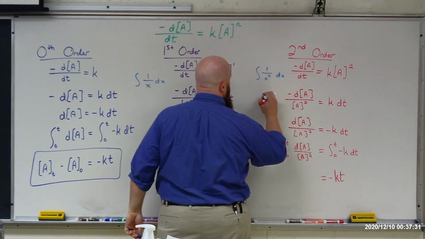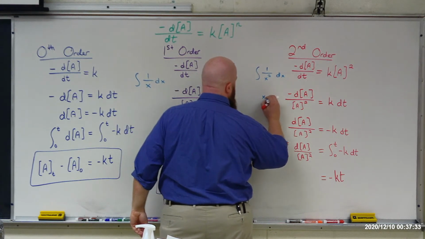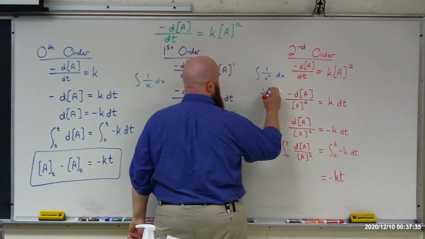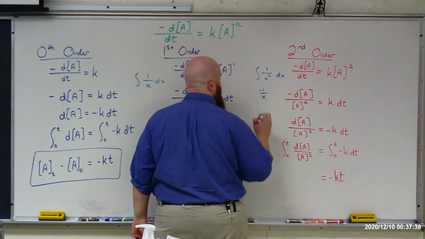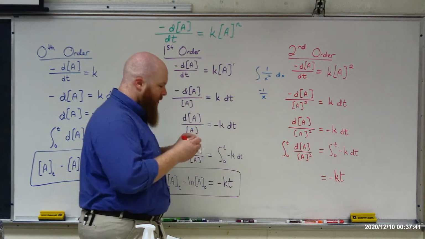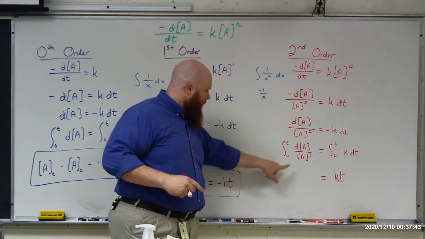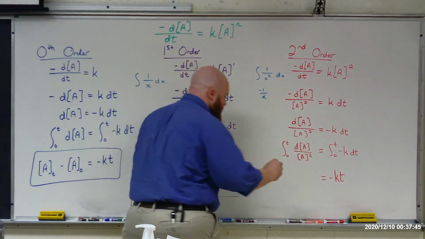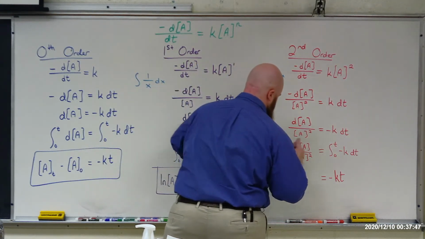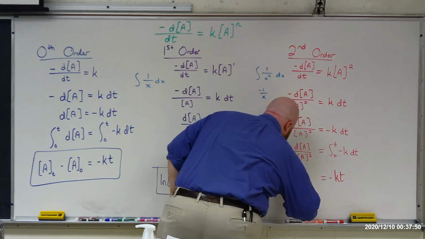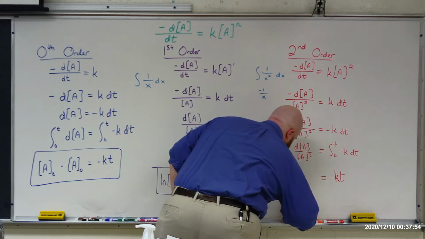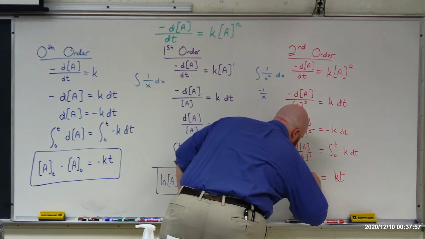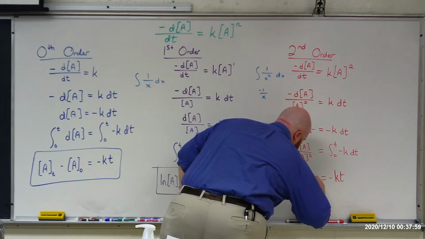My power is now x to the negative 1, so that becomes 1 over x, but I multiply everything by that new power I just got, which is negative 1. The integral of this left-hand side is negative 1 over the final concentration minus negative 1 over the initial concentration.